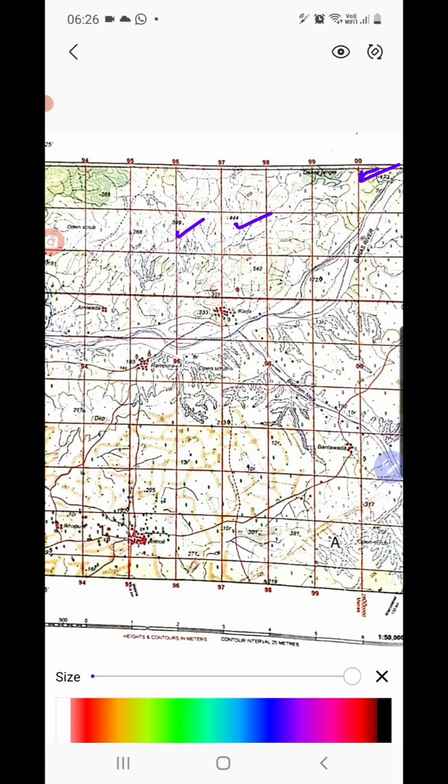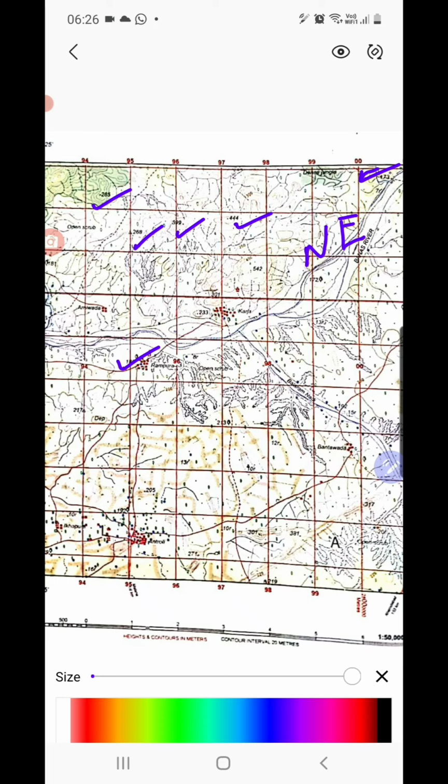So accordingly we understand that the slope of the land is from northeast to northwest.